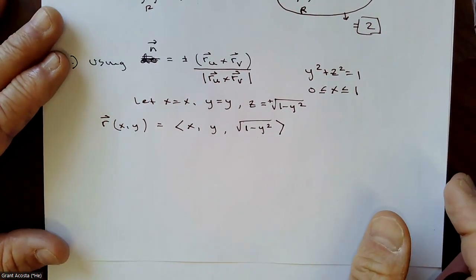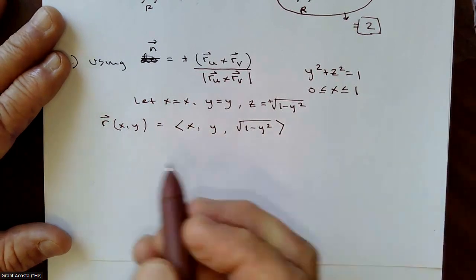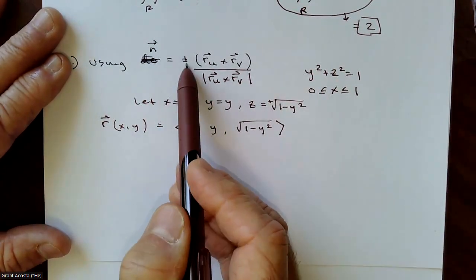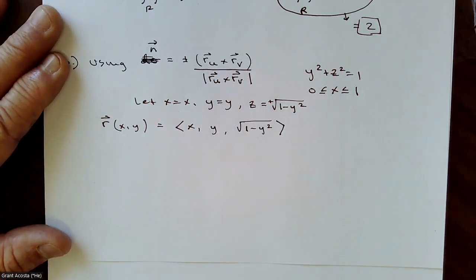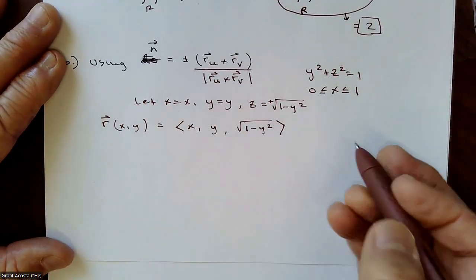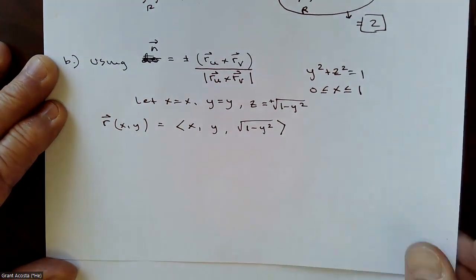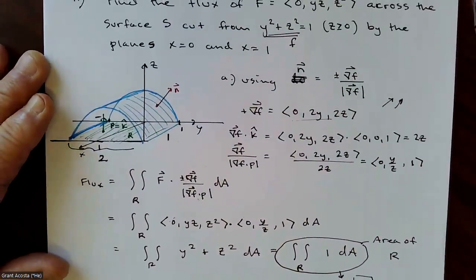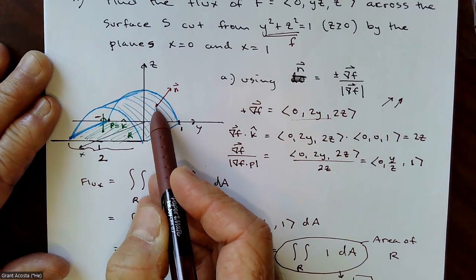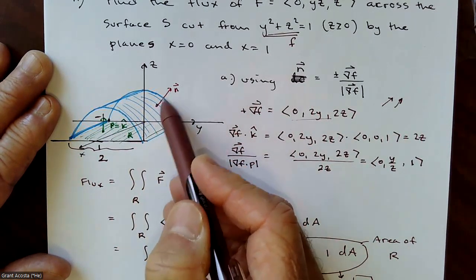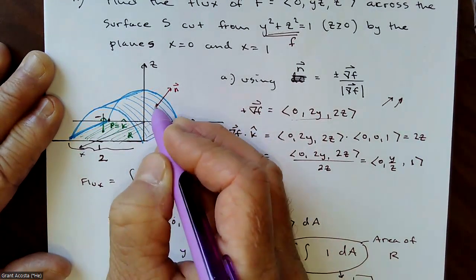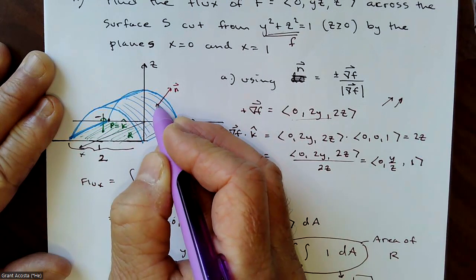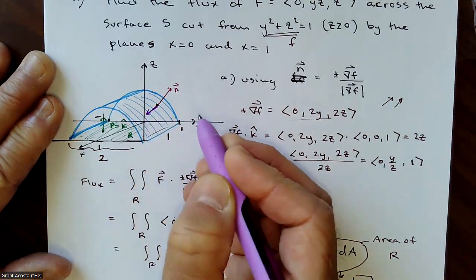Now, the one thing I have to keep in mind here is which order. n says plus or minus, right? And so what I have to think about is which direction. I can go back to my picture here. The cross product needs to be pointing outwards if I want outward flux. So if you think about this picture right here, R sub x, what is x? If you're at this point right here, you're moving in the x direction. That's going to kind of go this way, right?